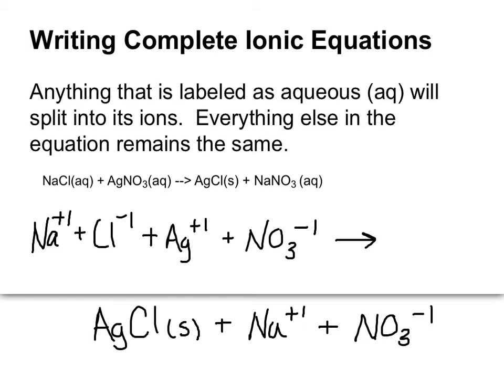The AgCl, since it is marked as a solid, remains together, while the NaNO3, marked as aqueous, again splits apart into the ions Na+1 and NO3-1. As written below, you see the complete ionic equation with each reactant and product labeled as aqueous split apart into its ions.